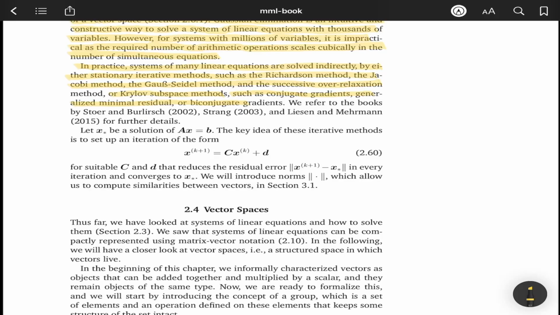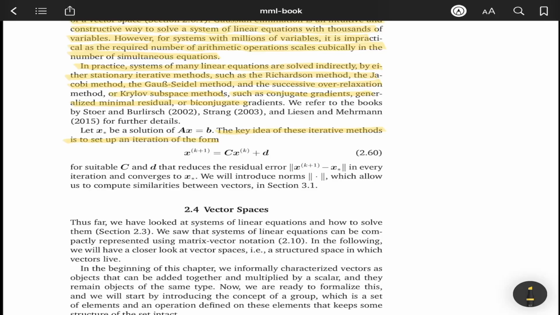The key idea of these iterative methods is to set up an iteration of the form x(k+1) = Cx(k) + d. Okay, so you have some kind of equation which is running in some kind of loop. Here you can reuse the matrix C and reuse the vector d. And you just need to exchange the variable x.